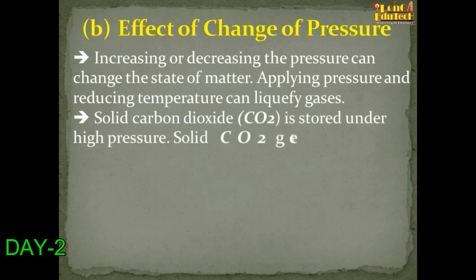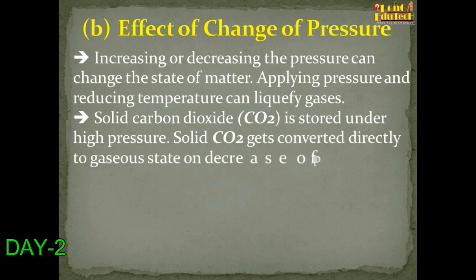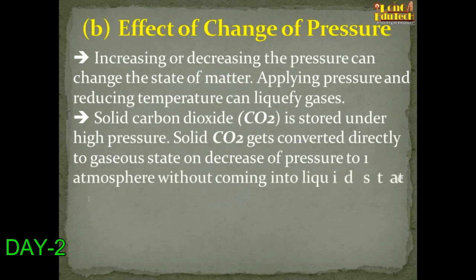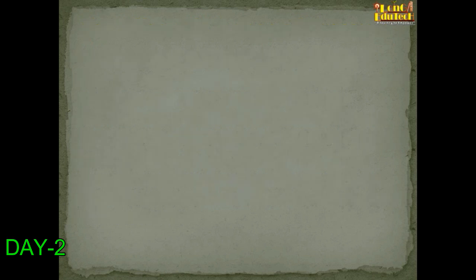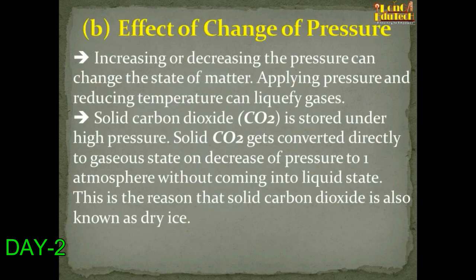Solid carbon dioxide is stored under high pressure, and it gets converted directly to the gaseous state on decreasing the pressure to 1 atmosphere, without coming into the liquid state. This is the reason that solid carbon dioxide is also known as dry ice.